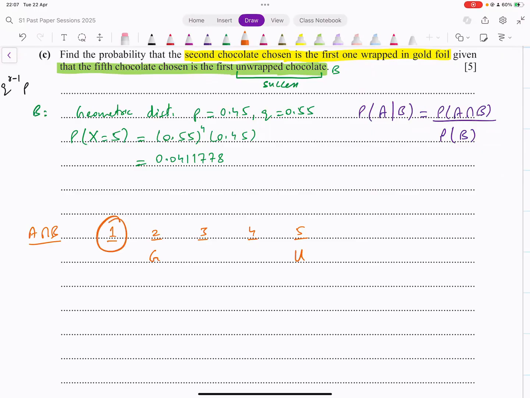Can we say something about the first one as well? If the second chocolate is the first wrapped in gold foil, and the fifth one is the first unwrapped one, then that necessarily means the first is neither gold nor unwrapped. It has to be red, the third possibility, right?